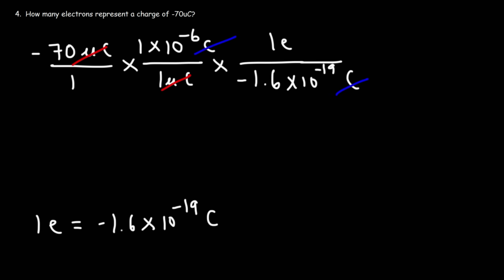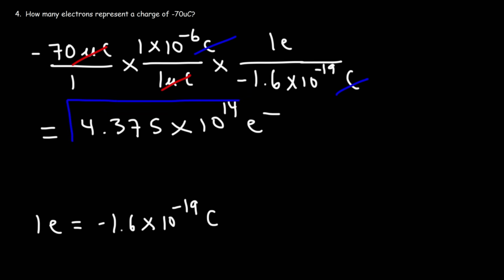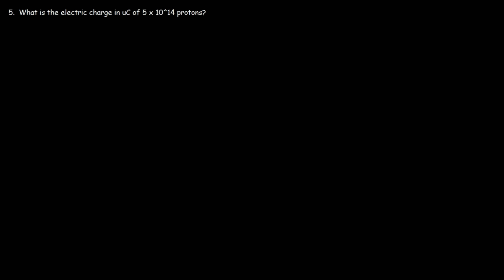So it's going to be negative 70 times 1 times 10 to the negative 6 divided by negative 1.6 times 10 to the negative 19. So the answer is 4.375 times 10 to the 14 electrons. So that's how many electrons are represented by a charge of negative 70 microcoulombs.